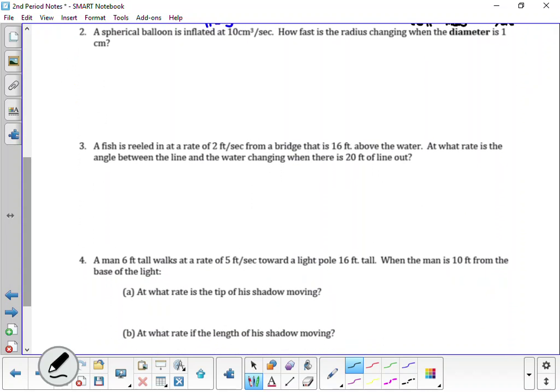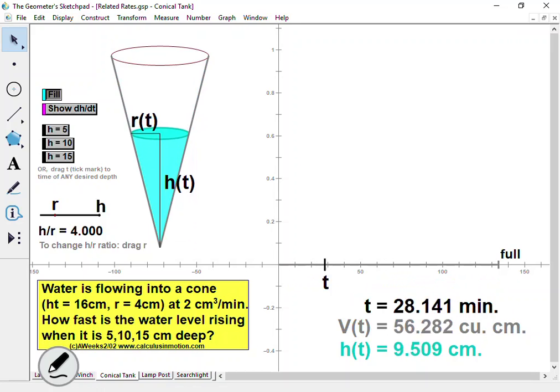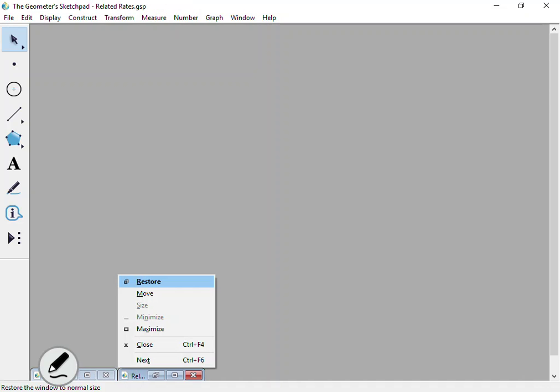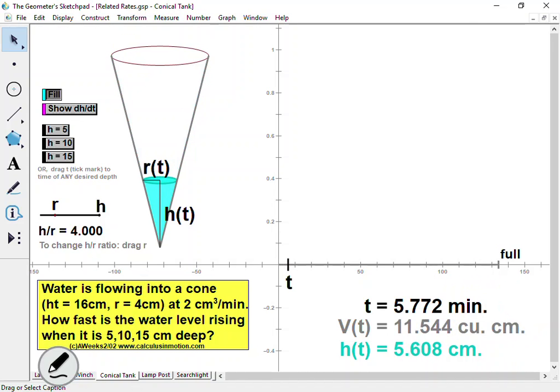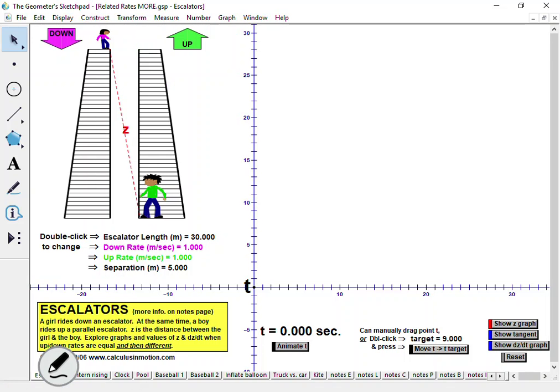Balloon is inflated at 10 centimeters cubed per second. Here's your balloon. That's not a balloon. It could be an oddly shaped balloon. Yeah, maybe. This balloon is cool.